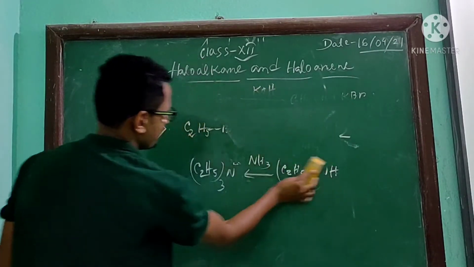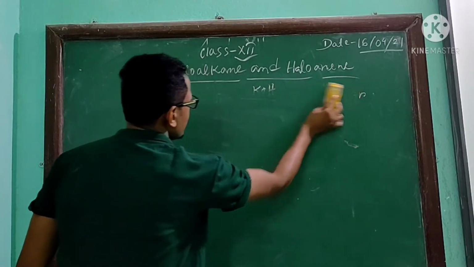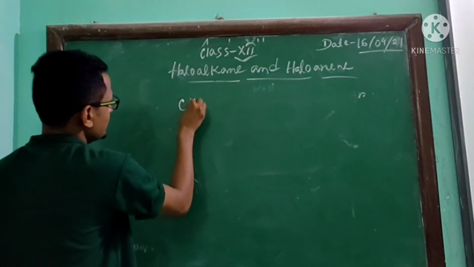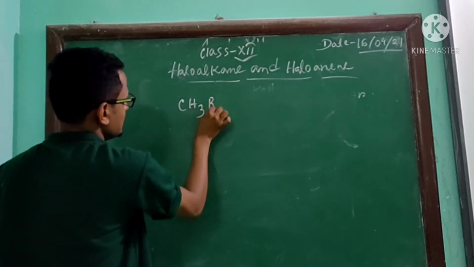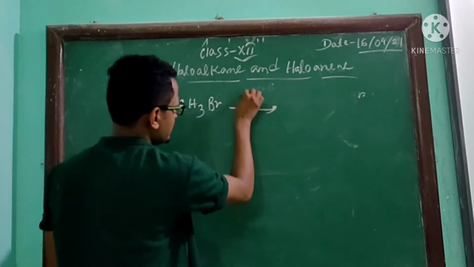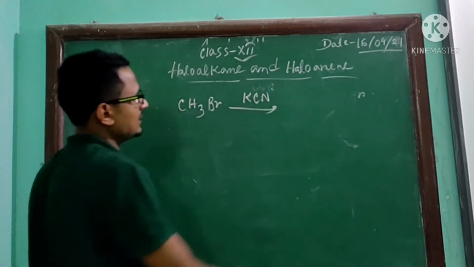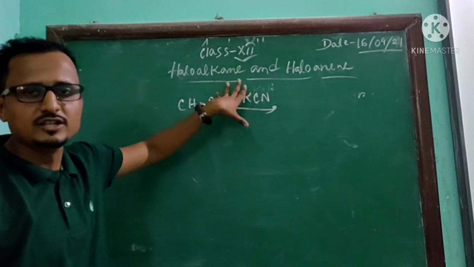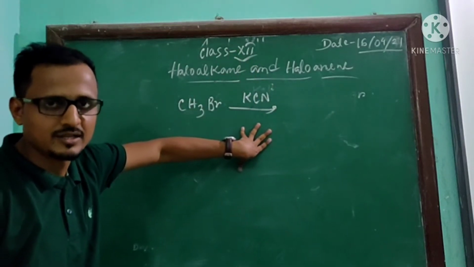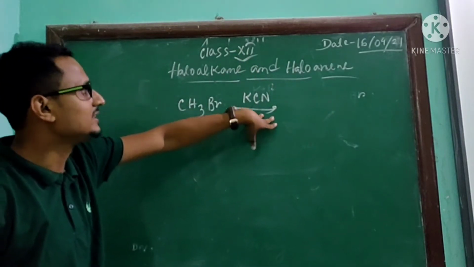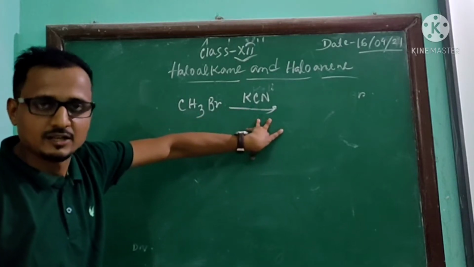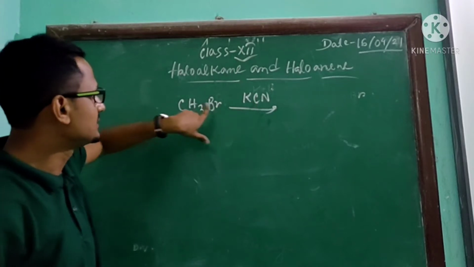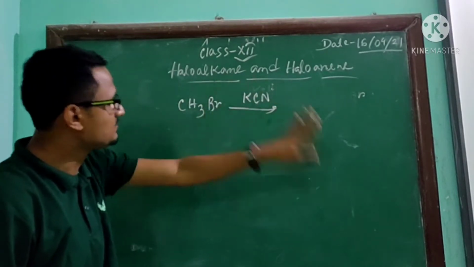Now next is another important reaction, when an alkyl bromide, say methyl bromide, reacts with KCN. You know that KCN is a predominantly ionic compound, and it will release the cyanide ion, CN minus. Now the CN minus ion is an ambident nucleophile. So here the carbon will bind with this methyl group and replace bromine.